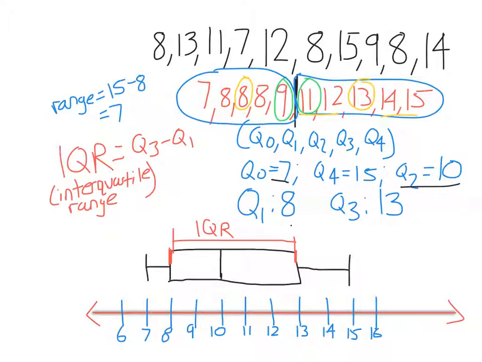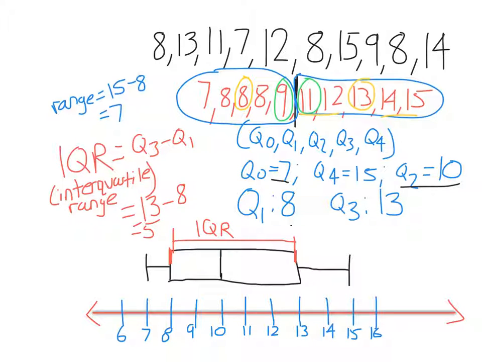If you have really large or really small observations that are out of place, it won't affect the interquartile range much. It won't make it really, really large and make you think that there's a bigger spread than there is. So in our data here, the interquartile range is very simply Q3 minus Q1, which is 5. So you can see the interquartile range will always be less than or equal to the normal range.